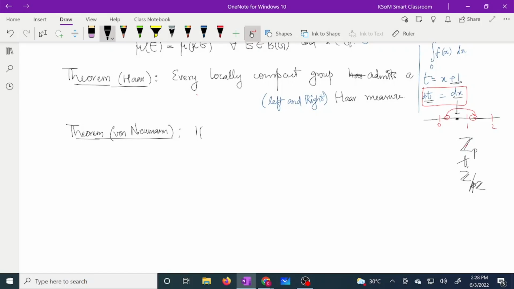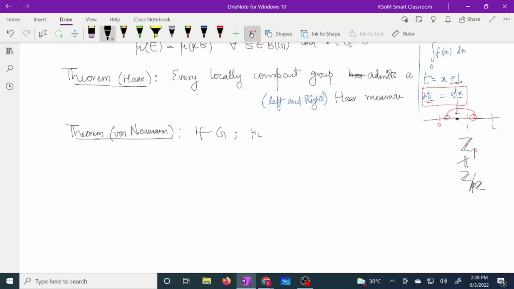So if G is locally compact, from now onwards my topological groups are Hausdorff and locally compact. G is a topological group which is Hausdorff and locally compact. Let mu_L be a left Haar measure. We don't know if it is unique yet.